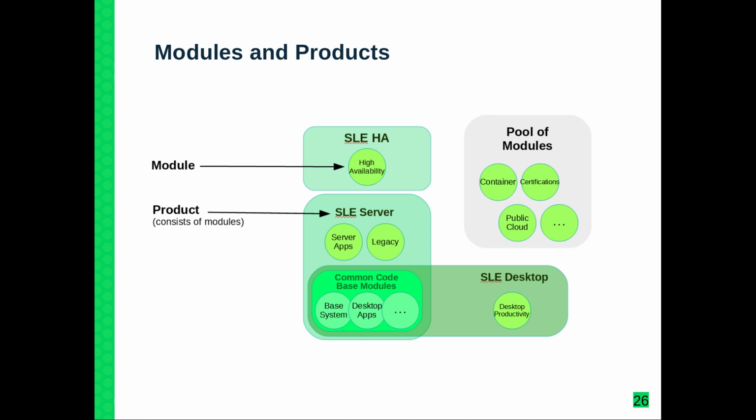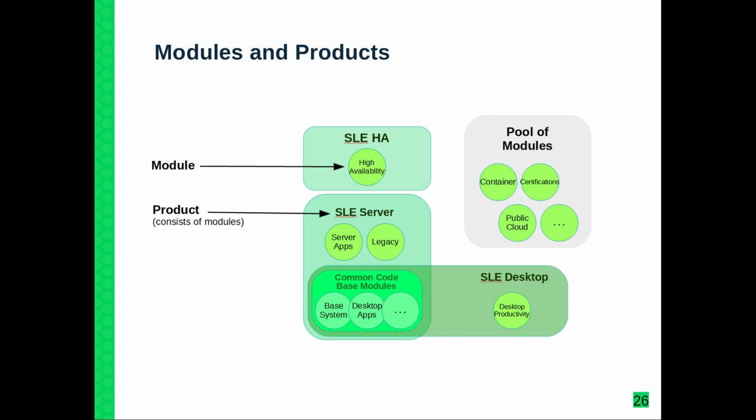But based on the product that you've selected, you get presented with various modules that you can put in. Now, there is some overlap. A lot of the things that you can install on a SUSE Linux Enterprise Desktop environment can also be installed on top of SUSE Linux Enterprise Server. But there are some things that you can't. You can't put high availability on top of a desktop implementation, which should make relative sense to most people.